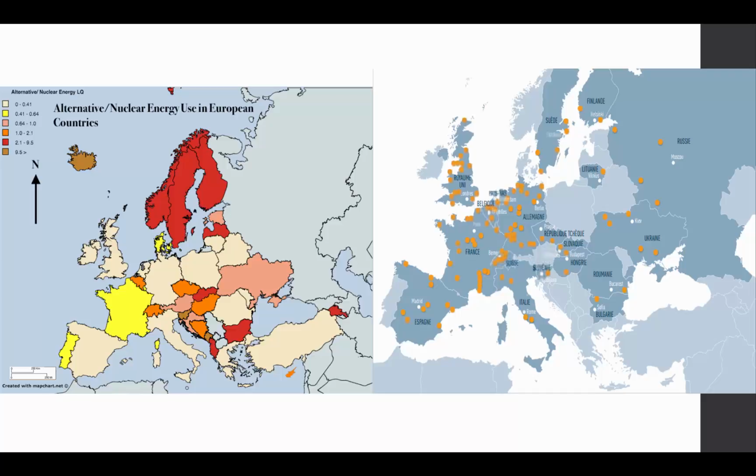But that just goes back to the fact that my data did include those other alternative sources, and just because the power plants are there, it's not necessarily a big part of the energy that's actually being used through these countries.